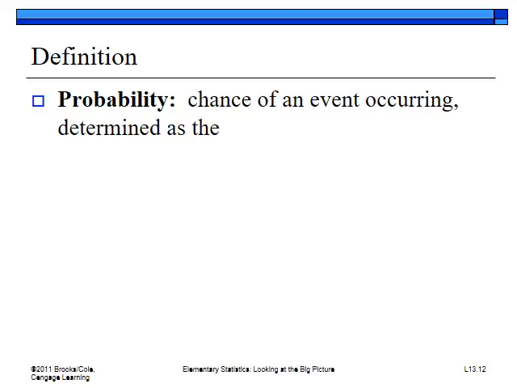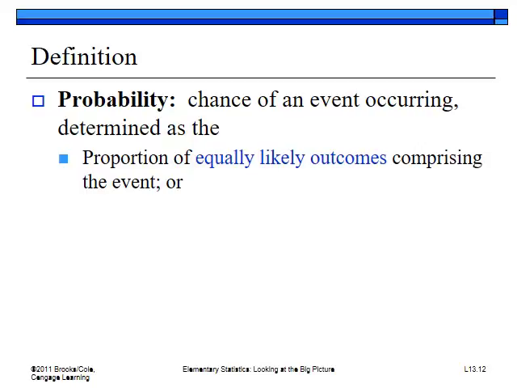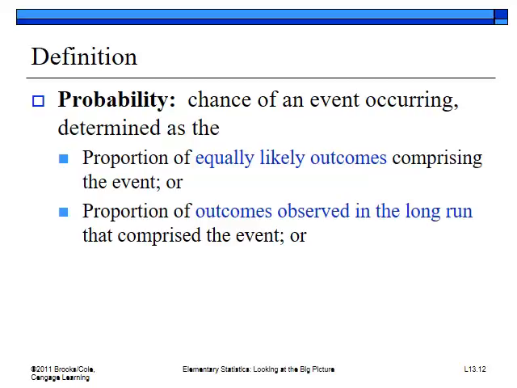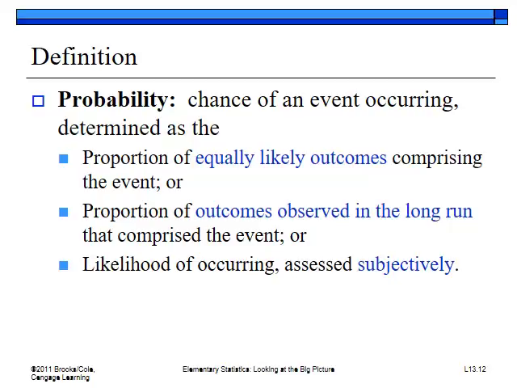Probability of an event is defined as the chance of that event occurring, which is determined as either the proportion of equally likely outcomes that make up the event, or it could be the proportion of outcomes observed in the long run, or it could be a number that's simply assigned subjectively or intuitively.